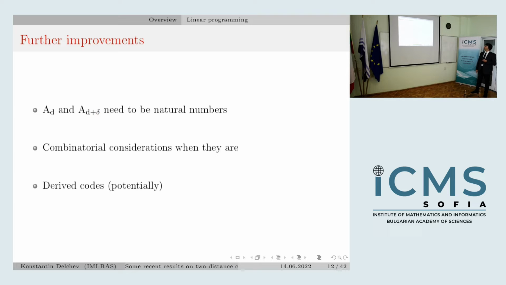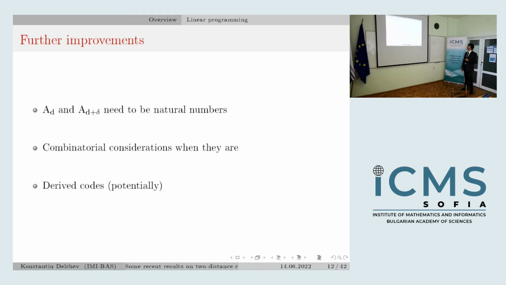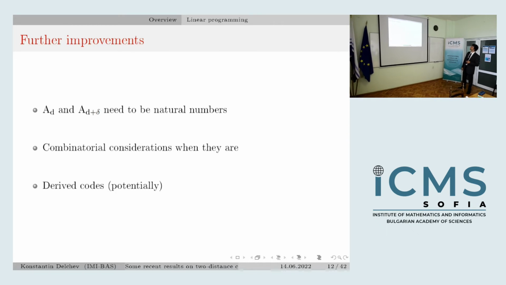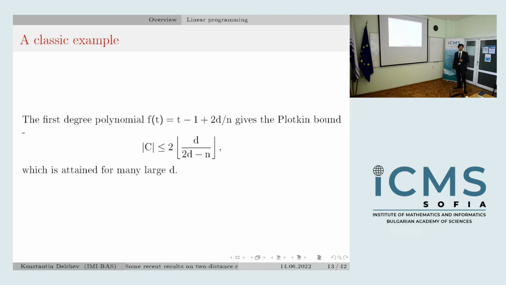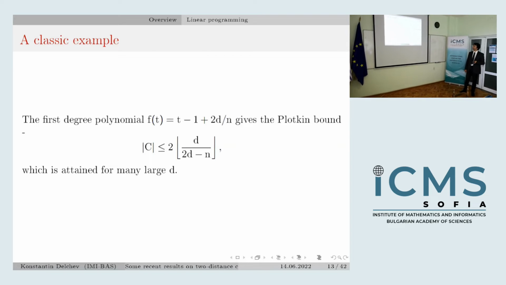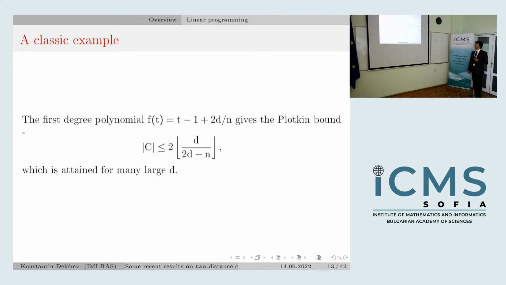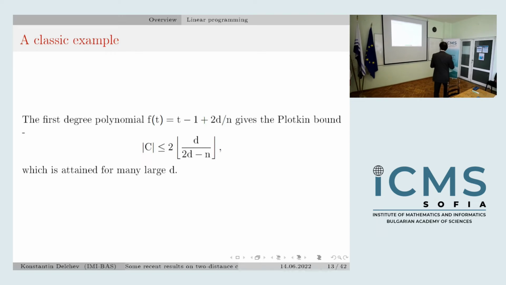We will mostly make use of this. And here are some classic examples of how this bound is used. So if we use a first degree polynomial, it will give us the Plotkin bound, and it's a classical bound, almost half a century old, which is, however, still useful.